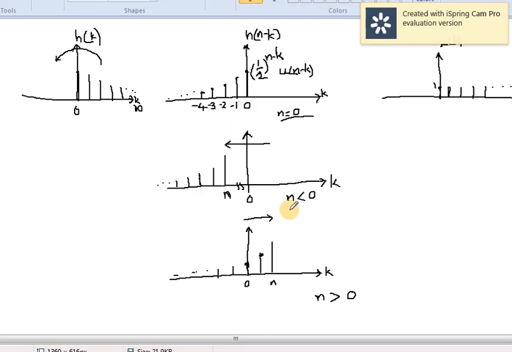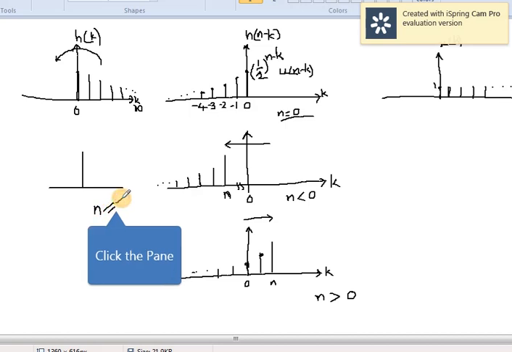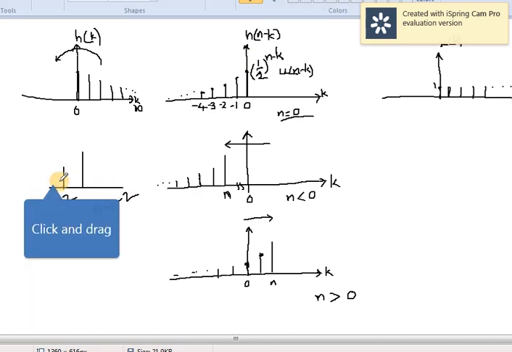By what value? If I take n equal to minus 2, then the first sample of h of n minus k would be at minus 2.